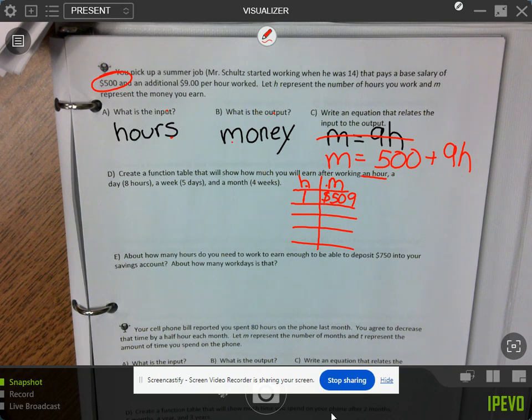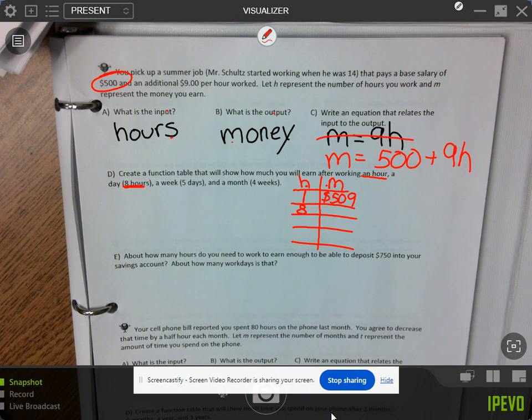What is my second input? Henry? 8. Because I need to put it as hours, right? So I work a day, which is an 8-hour day. So there's 8 hours. What is my output if I work 8 hours? So Olivia, what I write on the board is not for my benefit.